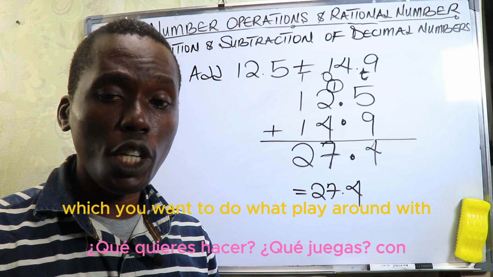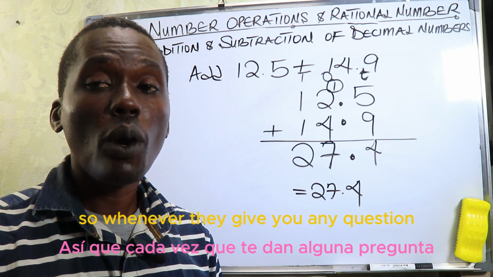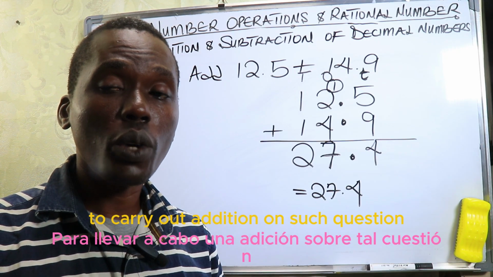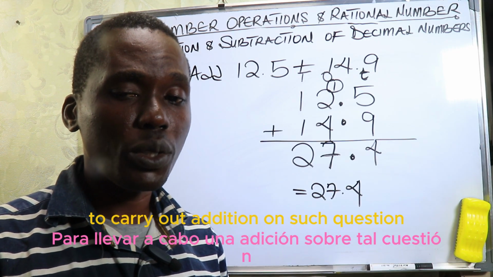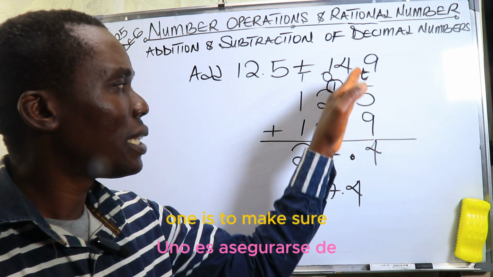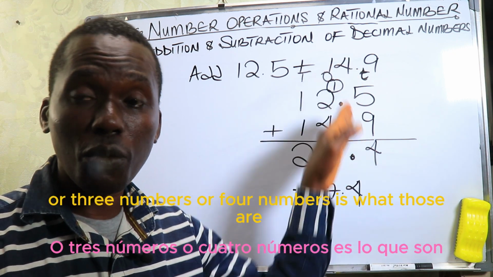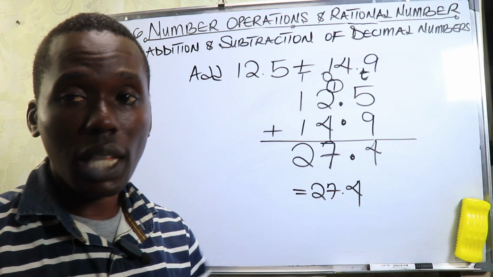Very easy. Now as you enter your grade 6, you're going to see simple additions like this, which you want to play around with. So whenever they give you any question to carry out addition, the first thing you need to do is to make sure that the decimal points of the two, three or four numbers align.